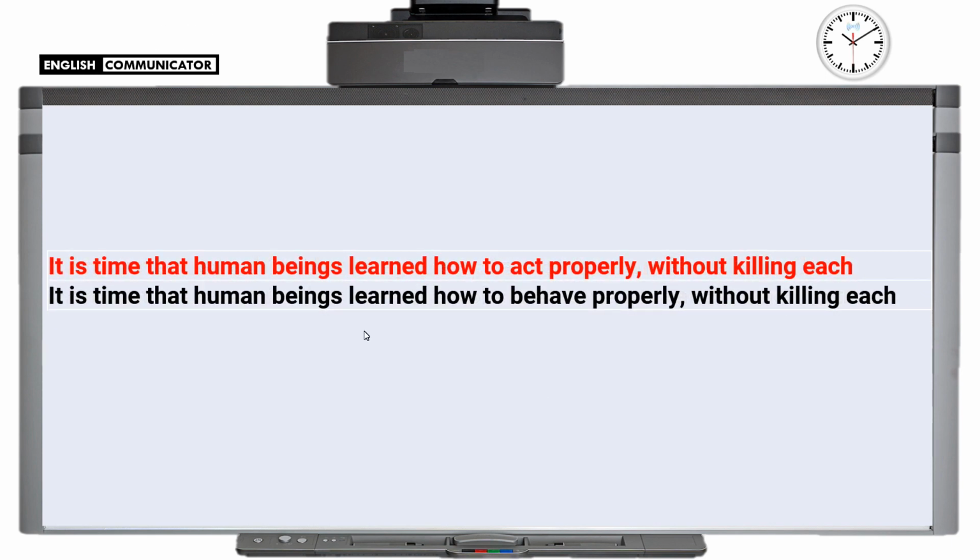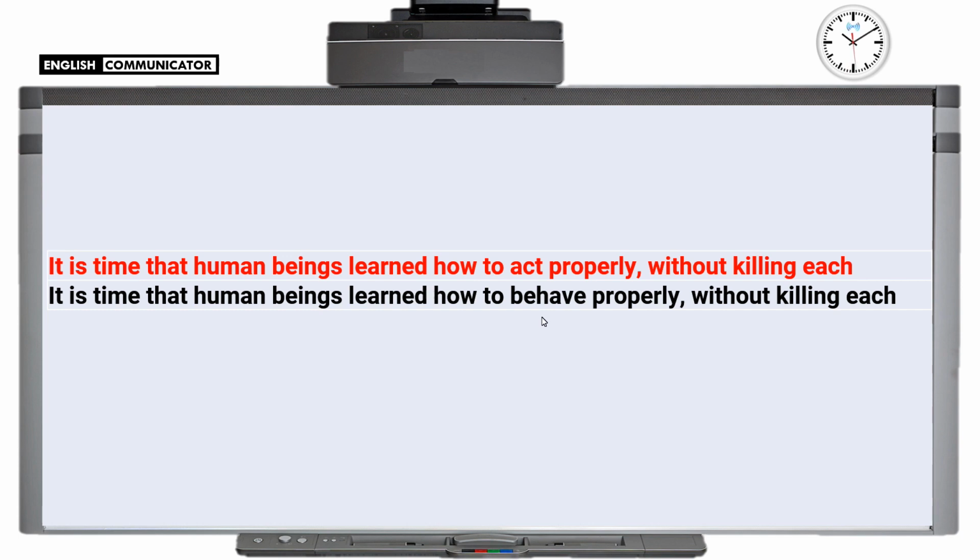"It is time that the human beings learn how to act properly without killing each." It's a wrong sentence, but what's wrong here? It is time that the human beings learn how to behave. When people or nations or society interact, they behave, not act.